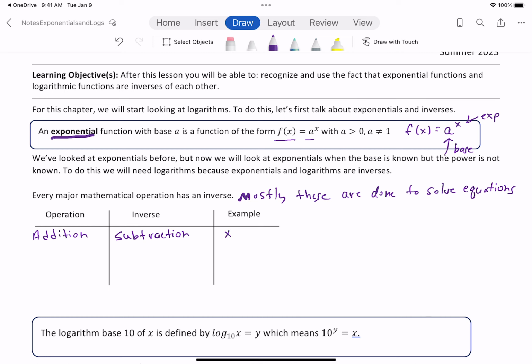As an example, if we had an equation like x plus 2 equals 9, in order to solve for x, we need to use the inverse operation of adding 2 and subtract 2 from both sides to be able to solve and get that x is 7. So we know that addition and subtraction are inverses because they undo each other.